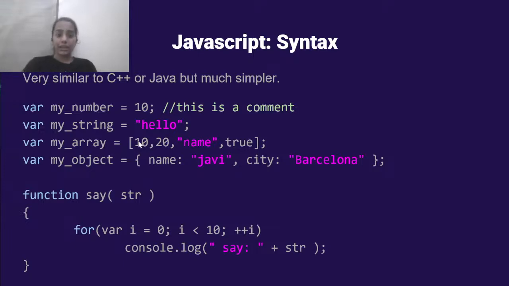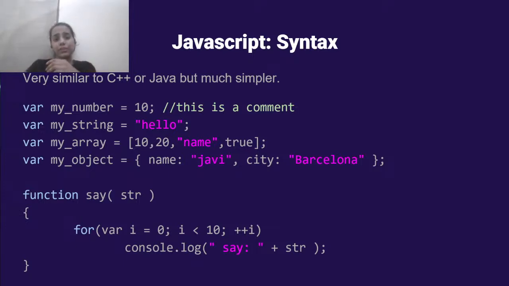So, var myNumber equals 10. We don't need to define what type of variable we are having beforehand. Comments are made by two slashes. Then we can store strings, arrays, and we can make an object where we can store dictionary kind of data structures. We have for loops in it as shown in the example.